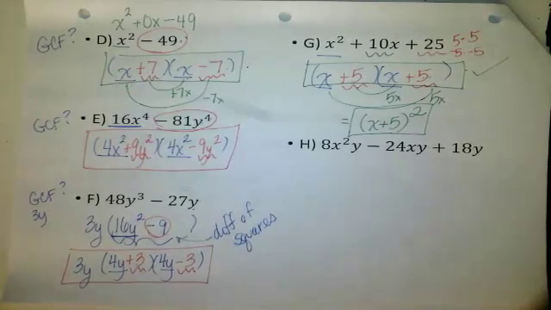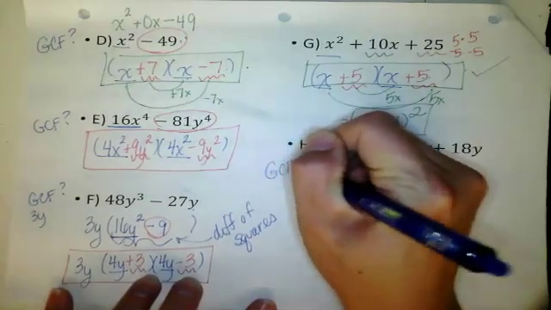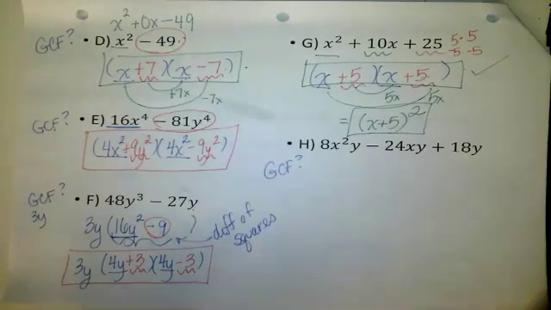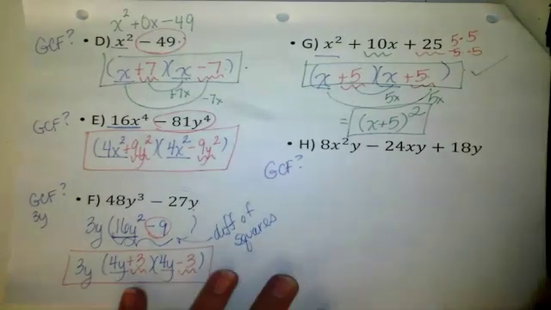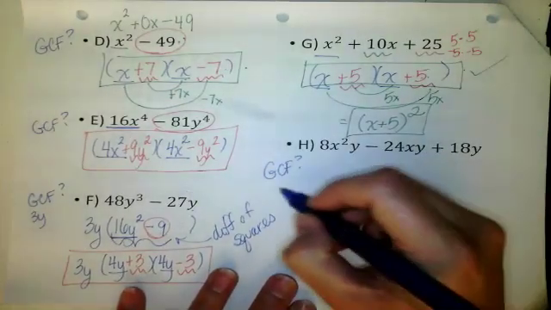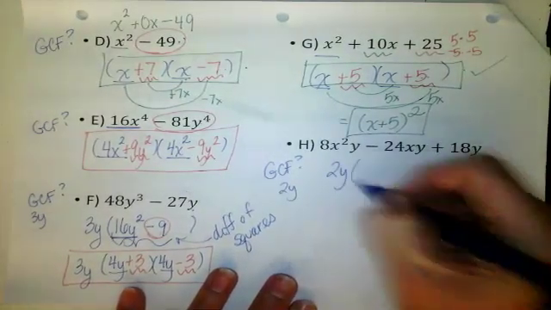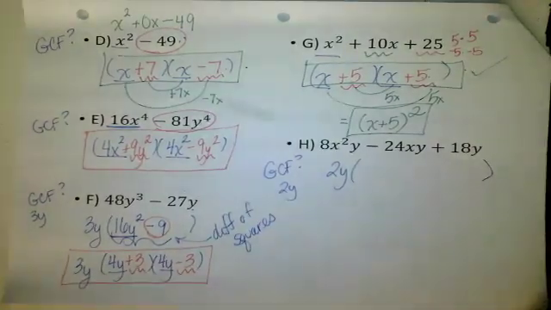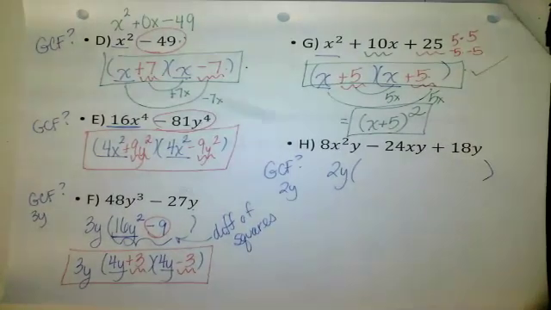All right. Letter H. What do we check first? Greatest common factor. Good. 2y is the GCF, so I'm going to undistribute that 2y. Divide it out.